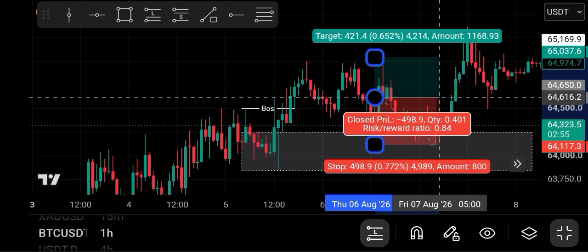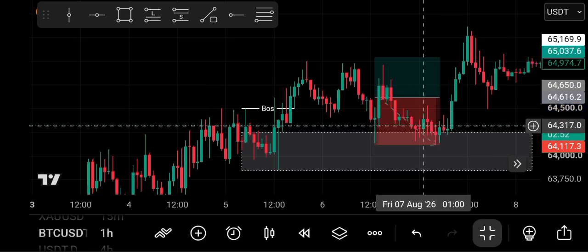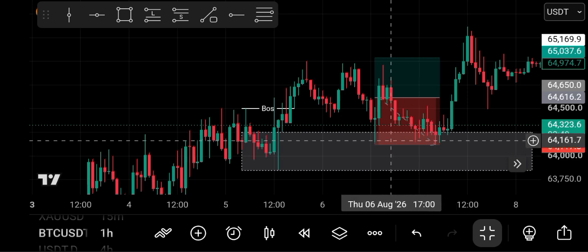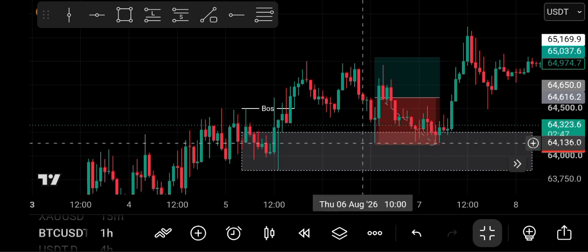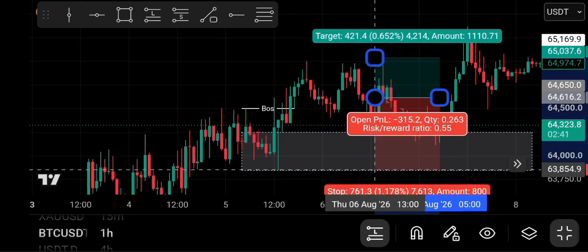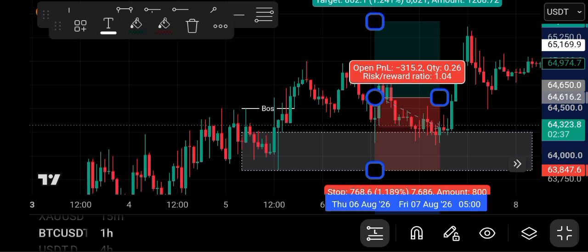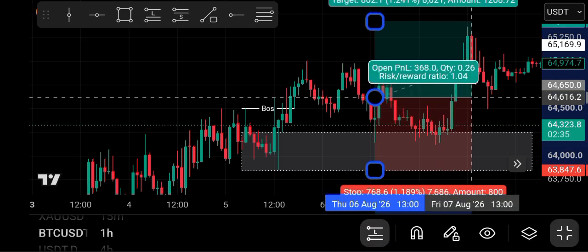You see that before the final move happens to the upside, they would have gotten stopped out here because their stop loss was directly below the candle. Had they extended their stop loss to this protective low, with their take profit a bit higher, they would have been saved.